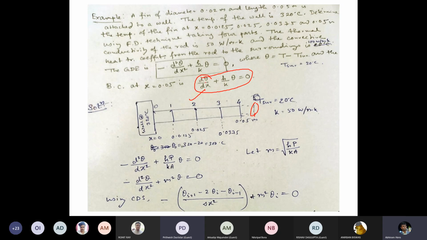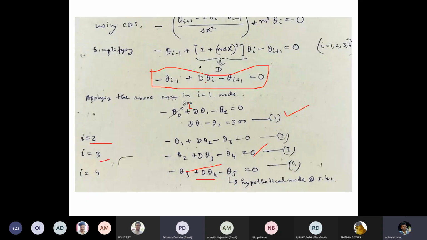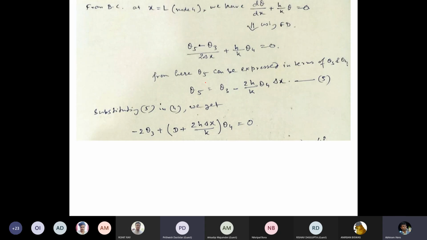This boundary condition needs to be discretized, because a differential equation is not permitted. So this hypothetical theta 5 node you need to consider, and the boundary condition at x equal to L, that means node 4.